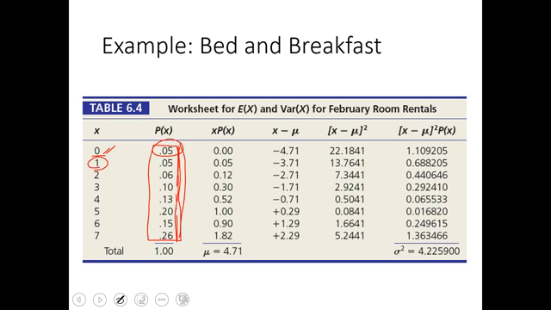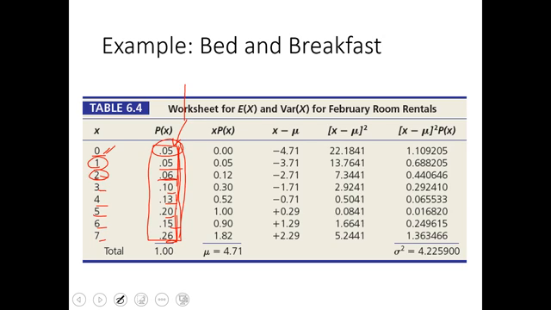The probability that the number of rented rooms is 1 is 5%. For 2 it is 6%, 3, 10%, 4, 13%, 5, 20%, 6, 15%, 7, 26%. This information comes from a statistical investigation, so you need not worry about these values. It should be given.